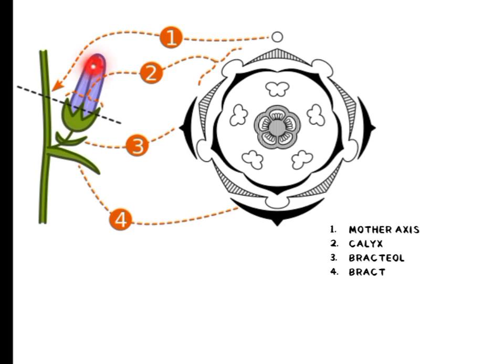Suppose the flower is in the downward condition. We will put the mother axis in the anterior position. Okay, so if the flower is in the upward condition, we will put the mother axis at the posterior part of the floral diagram. If the flower is in the downward condition, we will put the mother axis on the anterior portion. Okay, so that is the mother axis.